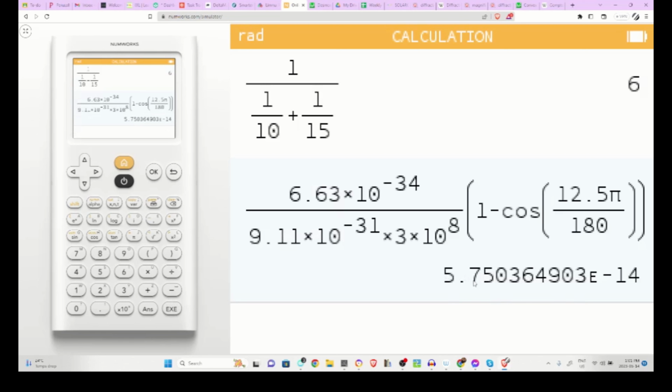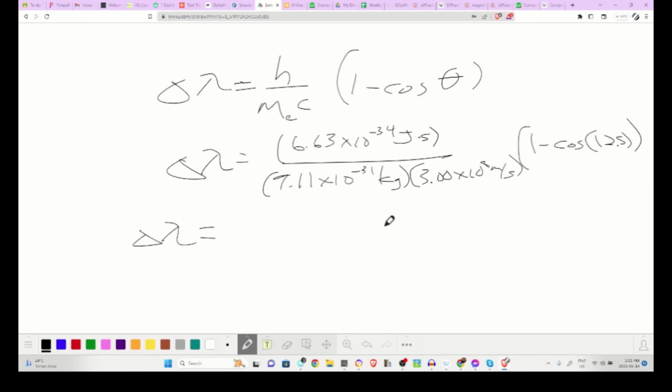So we have a 5.75 times 10 to the negative 14 change in wavelength. 5.75 times 10 to the negative 14 meters.